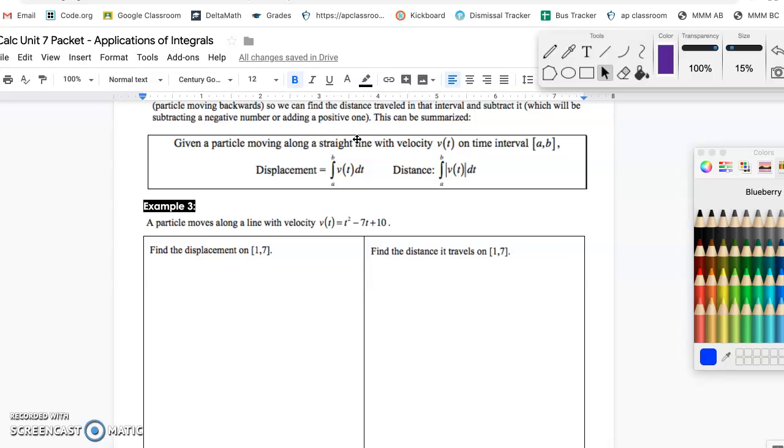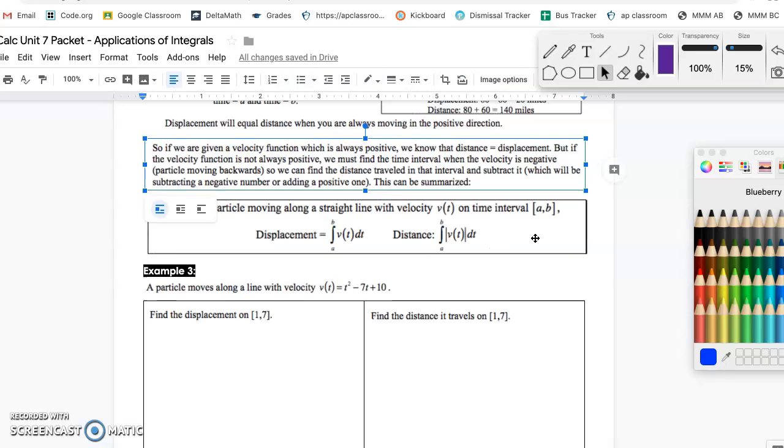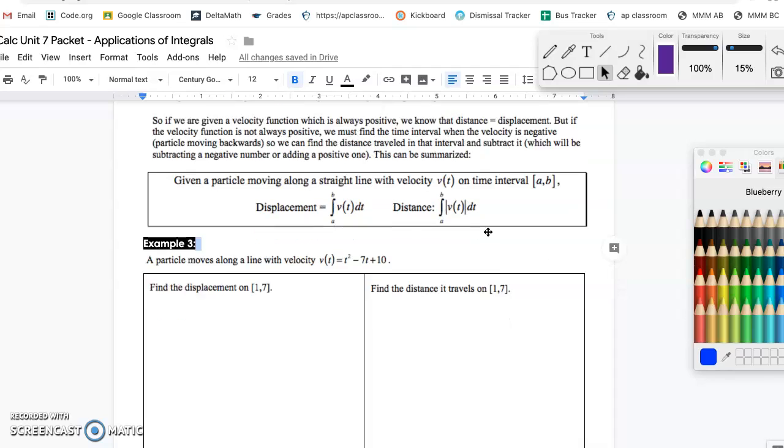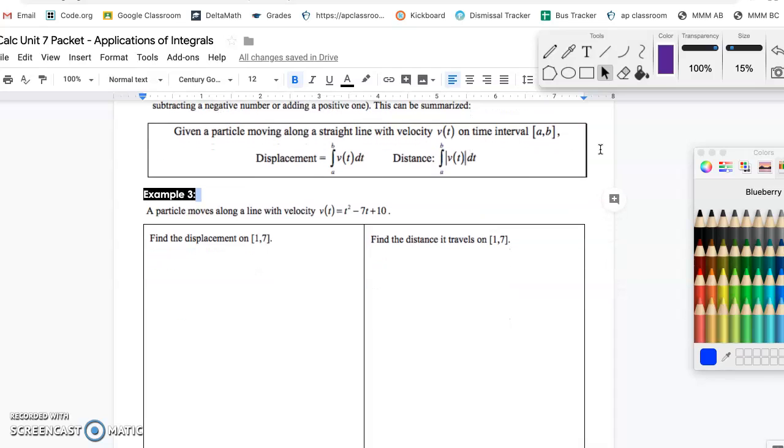Alright, so given a particle moving along a straight line with velocity v on the time interval from a to b, displacement is the integral from a to b of velocity, and distance is going to be the integral from a to b of the absolute value of velocity.